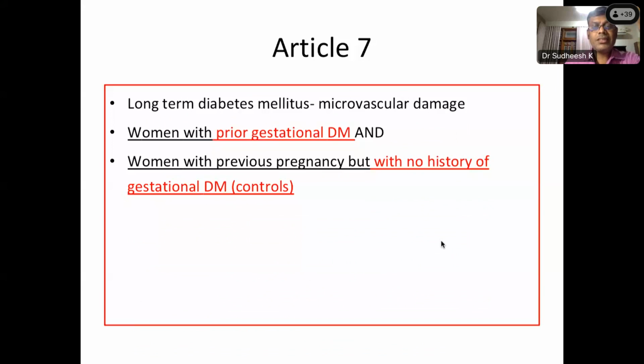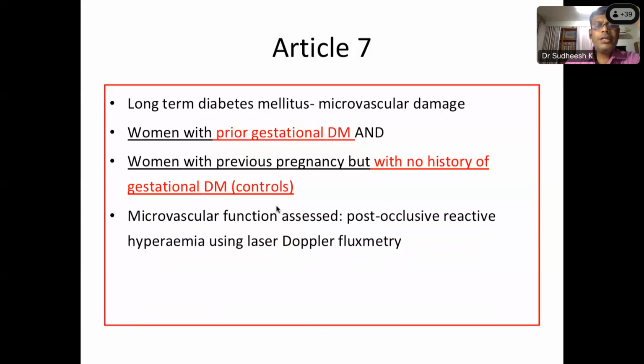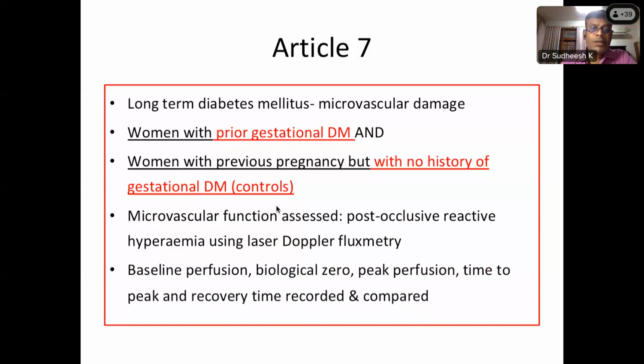Those with gestational diabetes were the case, and those without acted as the control. At various time intervals, she assessed microvascular function in the form of post-occlusive reactive hyperemia using a device, laser Doppler fluximetry, and recorded the baseline perfusion on the day of starting the study.